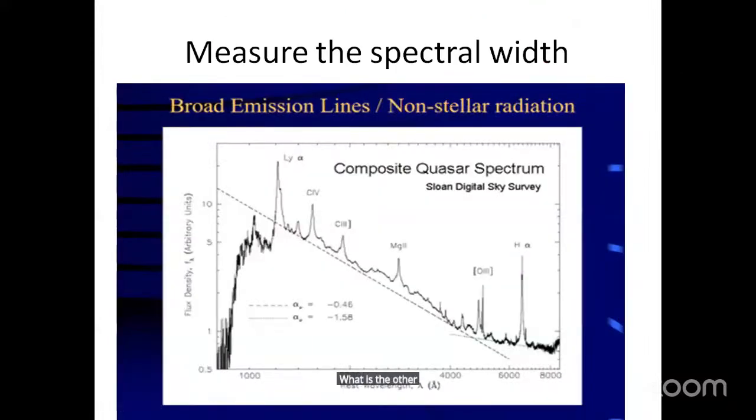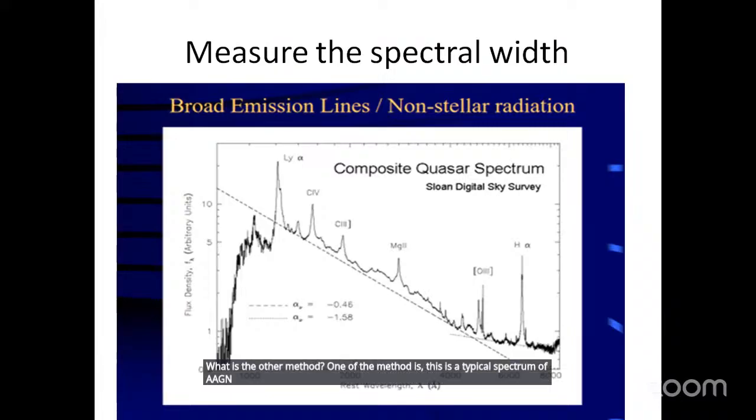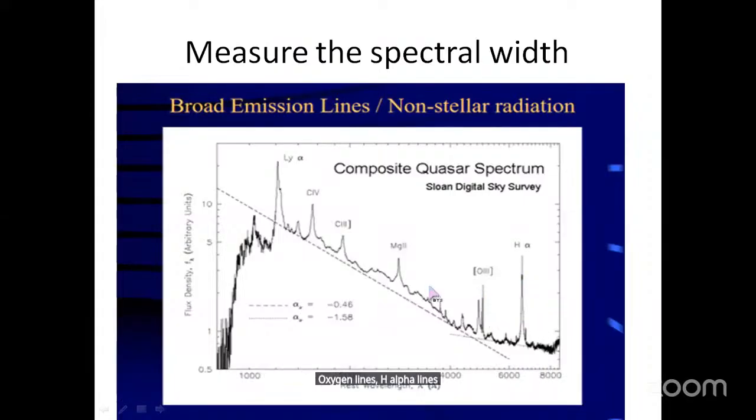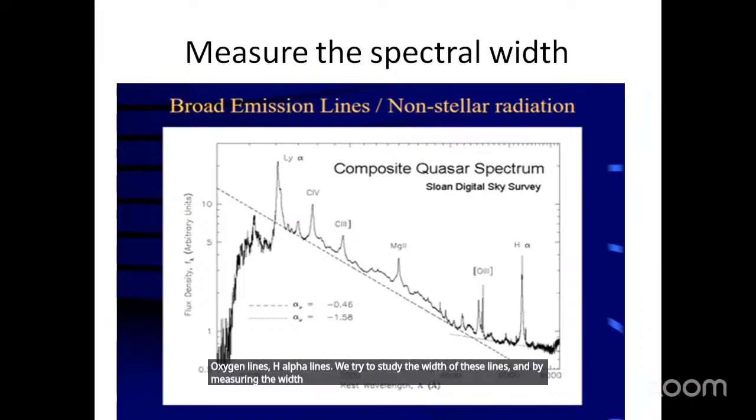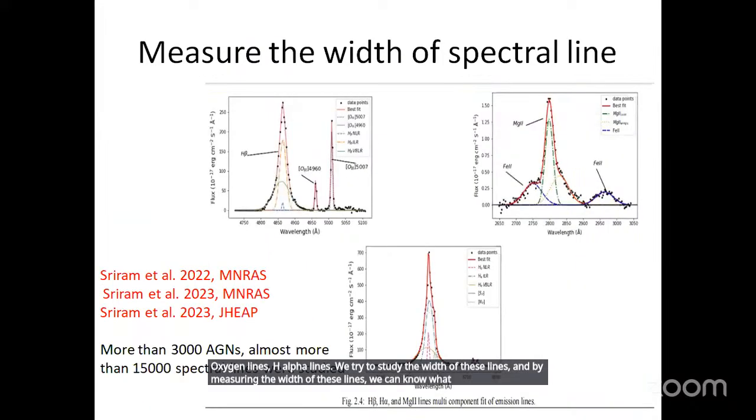One method is this: a typical spectrum of an AGN, or very active black holes or active galaxies. You will see many lines: carbon line, magnesium line, oxygen lines, H alpha lines. We study the width of these lines, and by measuring the width we can know the mass.